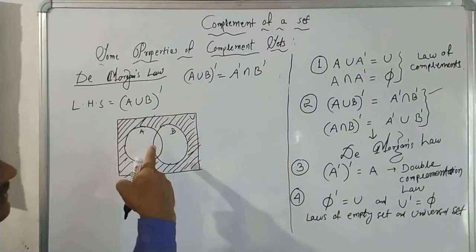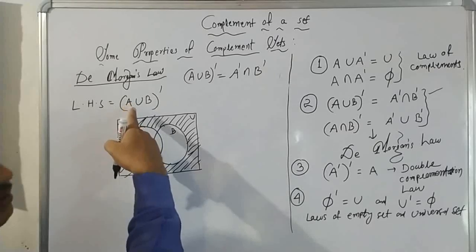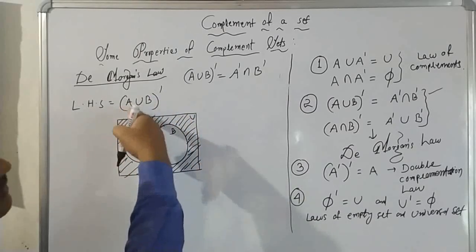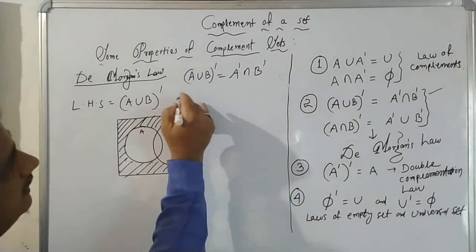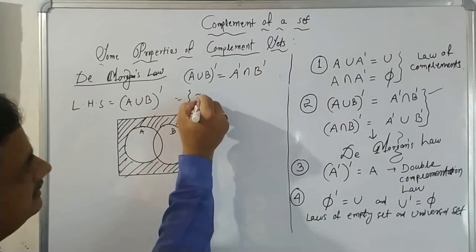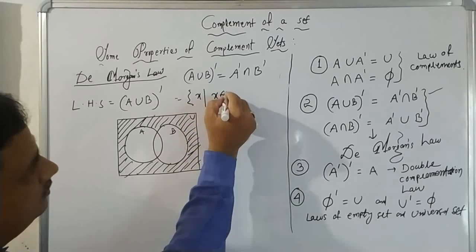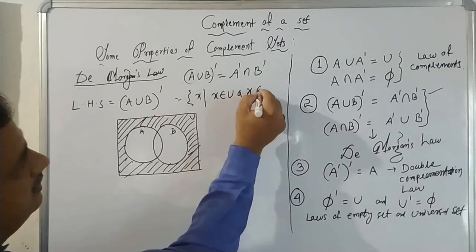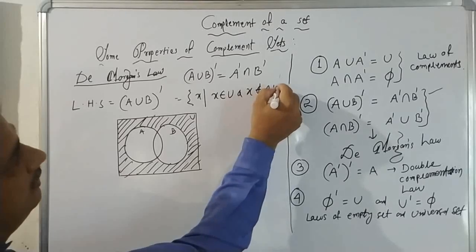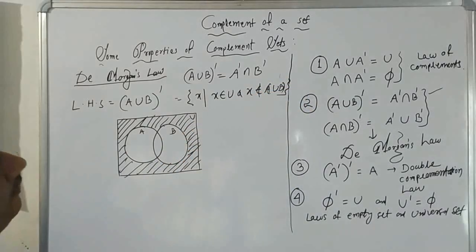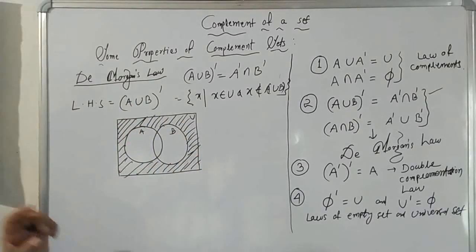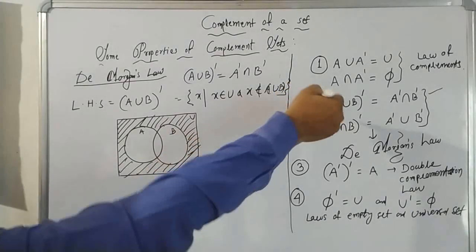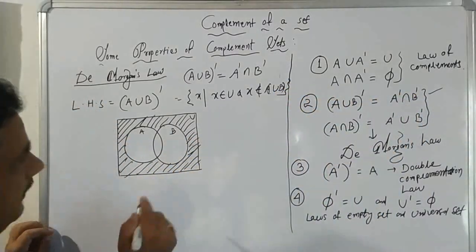These are the elements that belong to U but don't belong to A union B. Now, A union B whole dash in set form is x such that x belongs to U and x doesn't belong to A union B. Now, let us find out the right hand side.